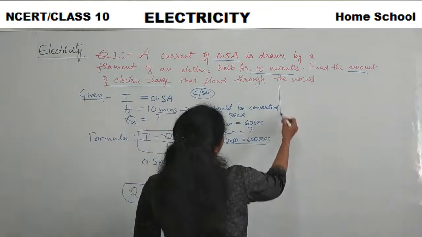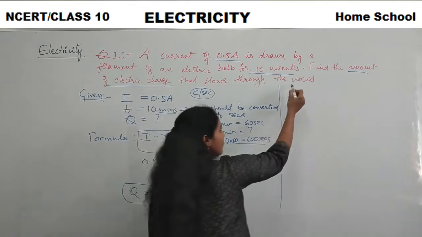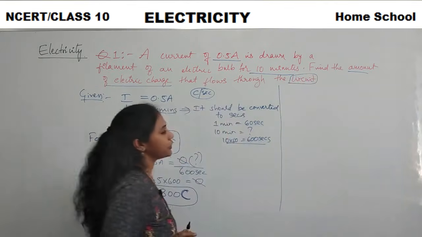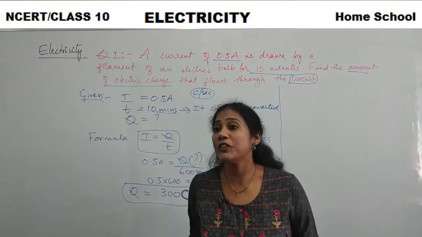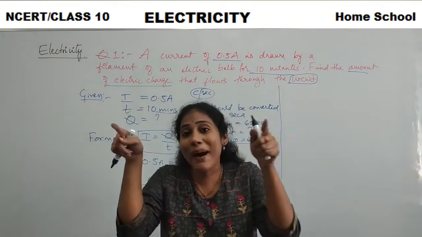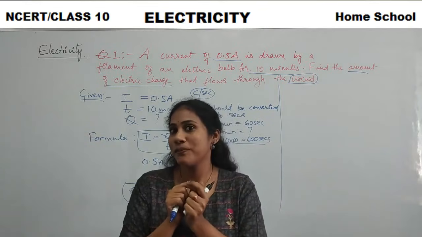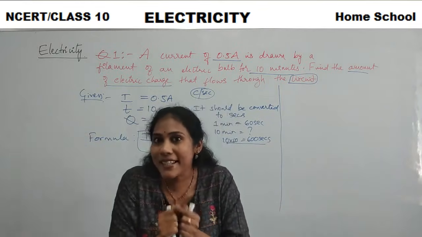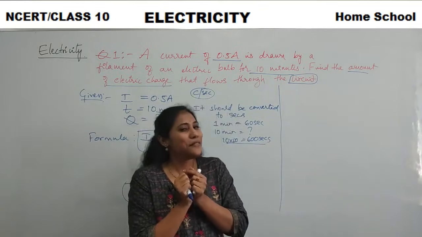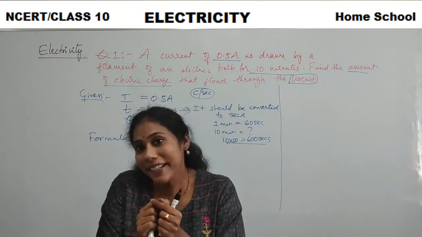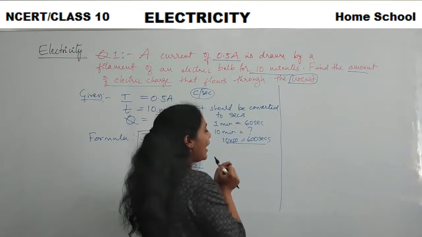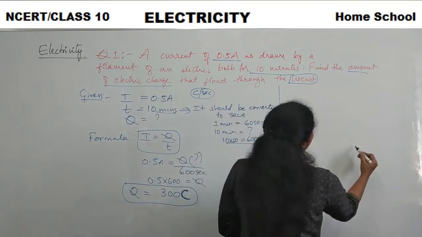Okay, so now you have a word here called circuit. You will see this flow of electrons only when the path is closed. This is what we call a circuit, isn't it? We studied the circuit in our lower classes also, right? I told you, this is a copper wire.